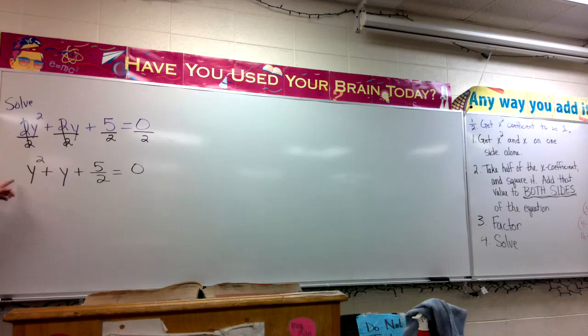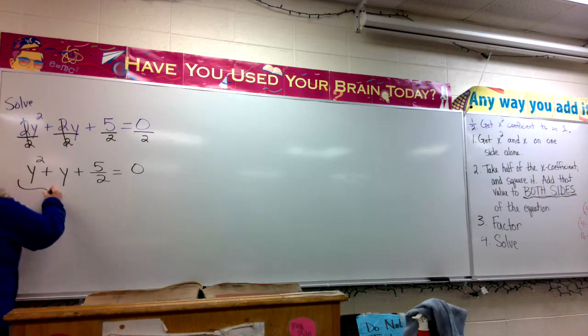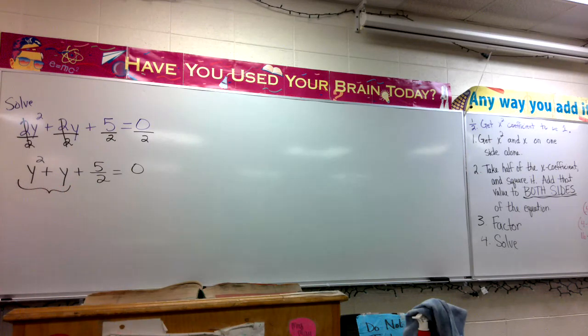Once you have that, the only additional step is to divide by whatever that coefficient is in front of the square term. And then we're just going to go through the steps like we did from yesterday. So get the y squared and the y to one side alone.